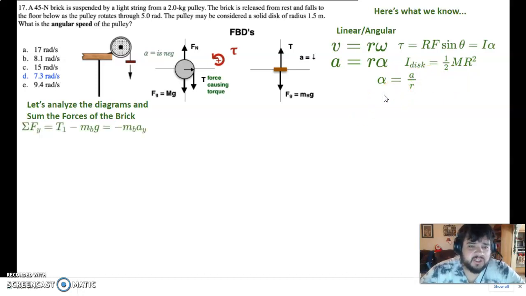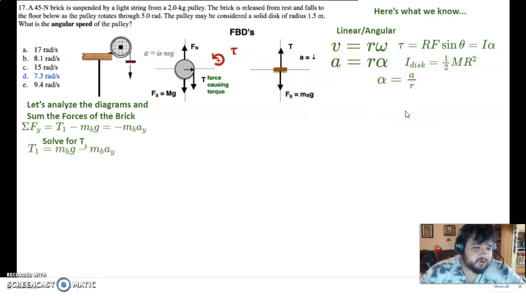If we sum the forces in the y direction, the sum is equal to the tension T1 minus the mass of the brick times gravity, which is this free body diagram I'm looking at right here, and that is equal to the negative mass of the brick times the acceleration in the y direction, because it's not moving on the x-axis.